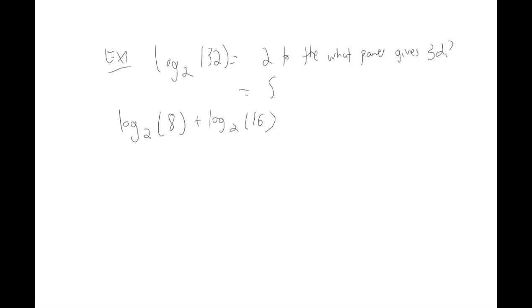So you could do this many ways. You could solve each of them individually, or you could use the rule that you could combine them. If you add, you can multiply.